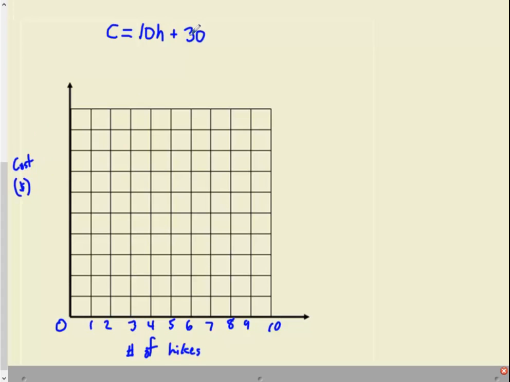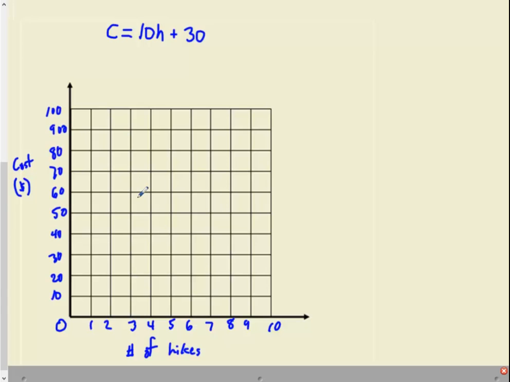Now remember, it costs $30 just to join. If we go on 10 hikes, we're going to be paying 10 times 10 is 100, plus 30 would give us $130. If we just go by tens here, we won't be able to graph all the way out here, but that's okay actually. So I'm going to go with 10, 20, 30, 40, 50, 60, 70, 80, 90, and 100.